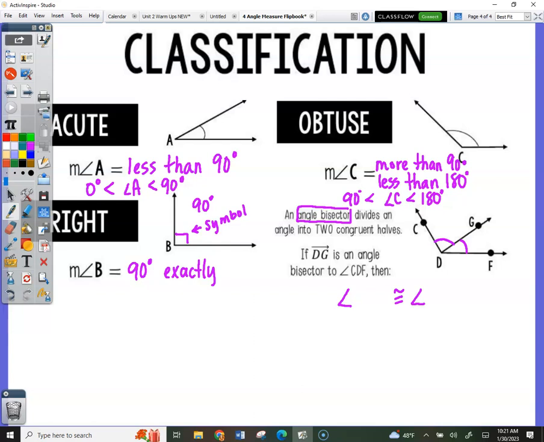Did you call the first one? Trace the letters C, D, G. And then the second one would be G, D, F, right?